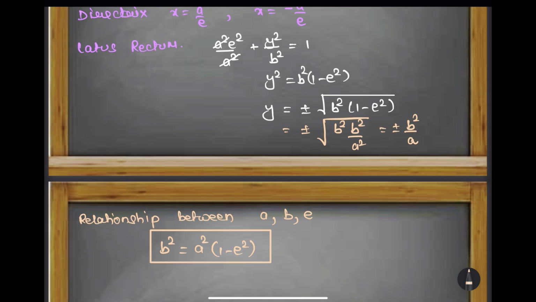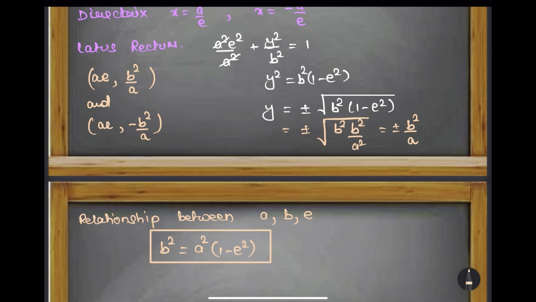Now if I ask you the coordinates of latus rectum, you will say, sir, the x coordinate is ae only, and y coordinate will be b square by a, and ae comma minus of b square by a.